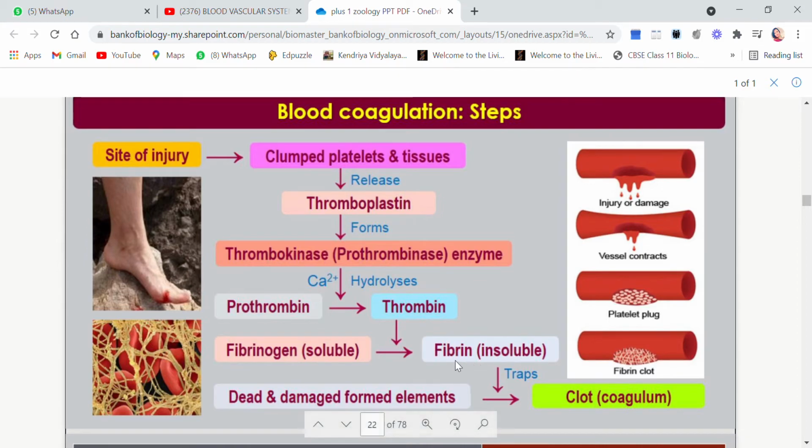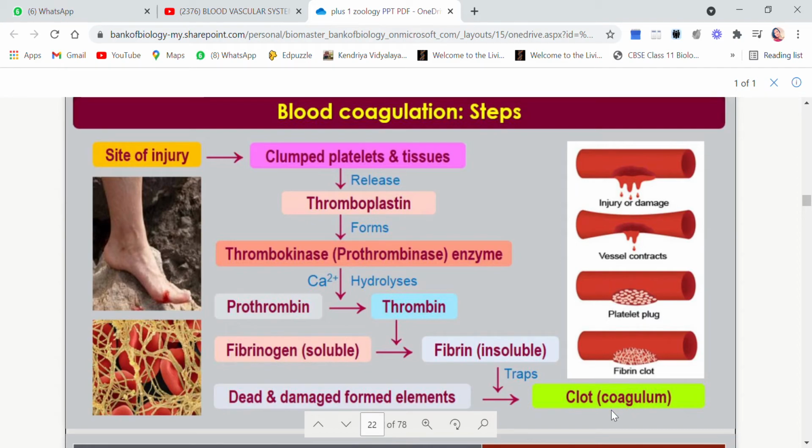Now when these fibrin or fibers come into existence, see, a network is created, and the dead and damaged elements like RBCs, WBCs and platelets get stuck up in these fibers and try to close all the, you see, vacant spaces, thereby forming a clot or coagulum.